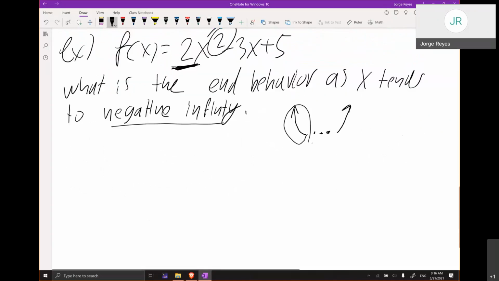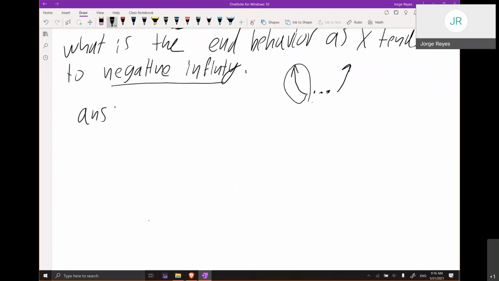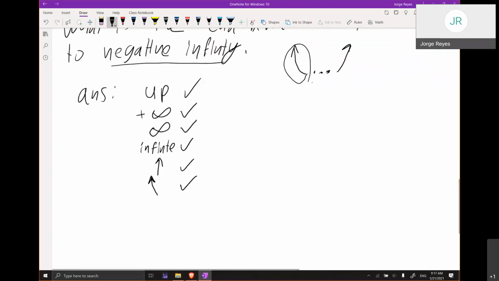Okay, so here are all the possible ways you can answer this question. If you say the word up, that's okay. If you say positive infinity, that's okay. If you say infinity, that's okay. If you write down the word infinity, that's okay. If you put an up arrow, that's okay. If you put this kind of arrow, also okay. The best answer would be to say y goes to infinity.